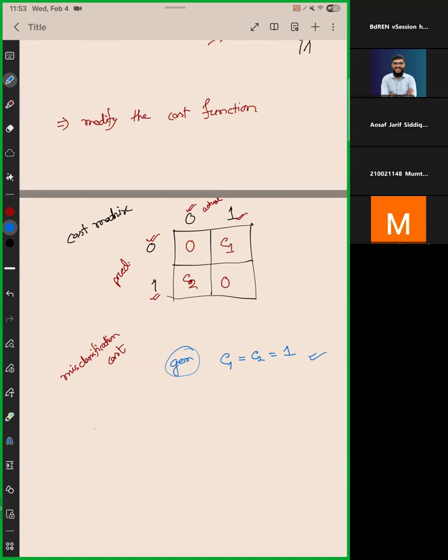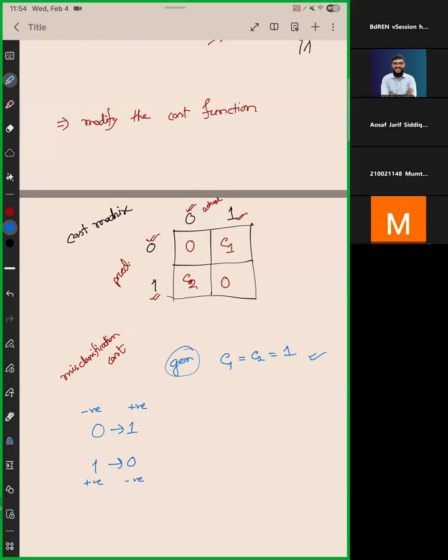One error is actually 0, predicted as 1. That means the person does not have cancer, but is predicted as having cancer. Another scenario is actually 1, he has cancer, but predicted as 0. So actually positive, but predicted as negative.